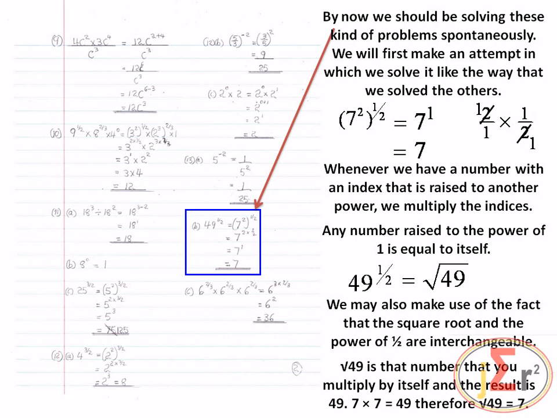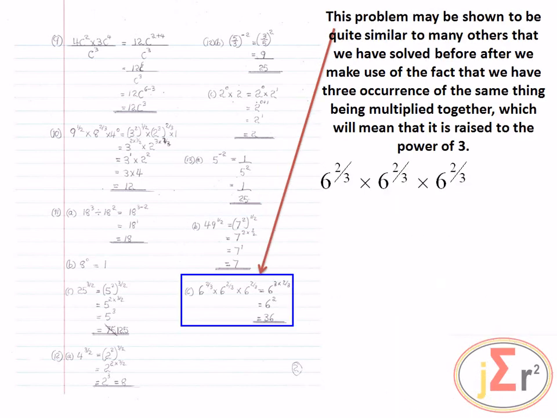And the result is 49. And we multiply 2 occurrences of 7, and the result is 49. Therefore, the square root of 49 is equal to 7. There is nothing to it.